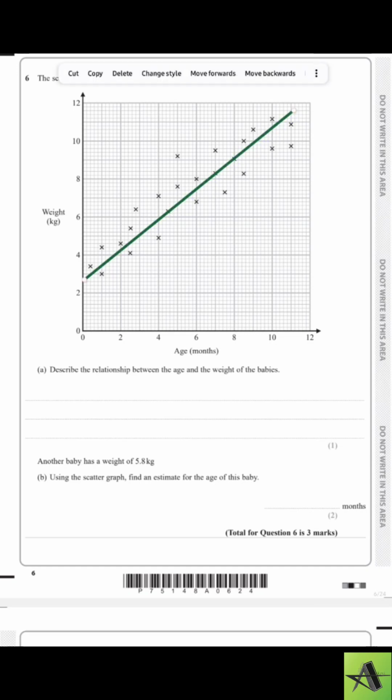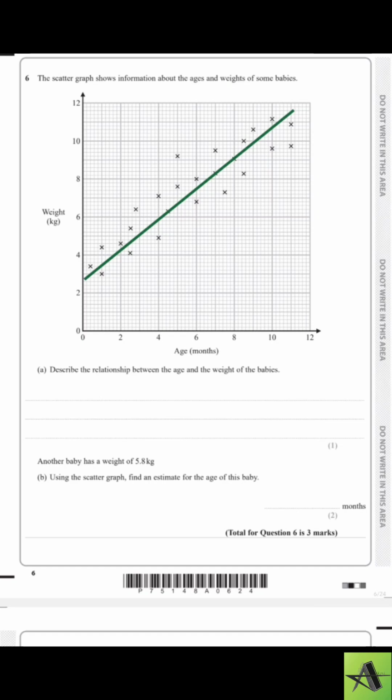Let me see, it can be more like this. Yeah, in this way I can see that the points are equally distributed and some points are pretty much lying on it. So yeah, this is your line of best fit.